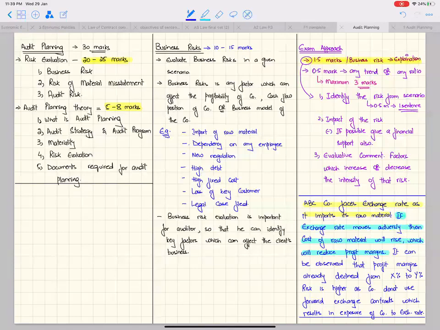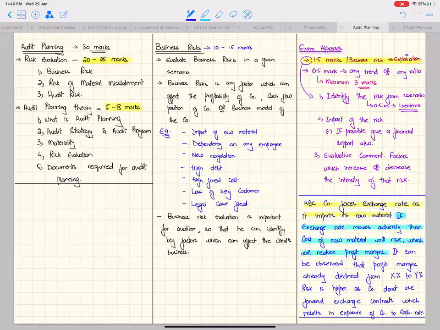Now see, I have written a risk of 1, 2, 3, 4, 5, 6, 7, 8, 9, and 10 lines. But I didn't write the risk all together. My first sentence was the identification. My second sentence was the impact. And my third sentence was an evaluative comment.